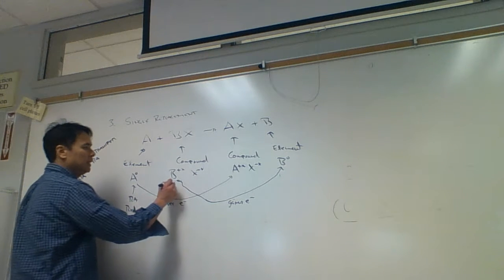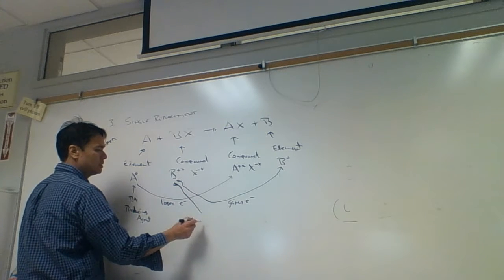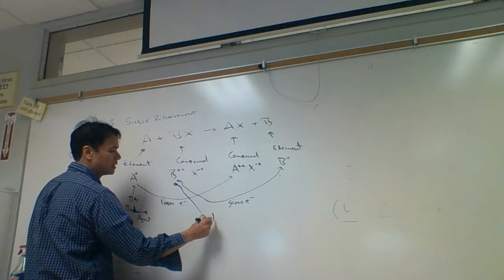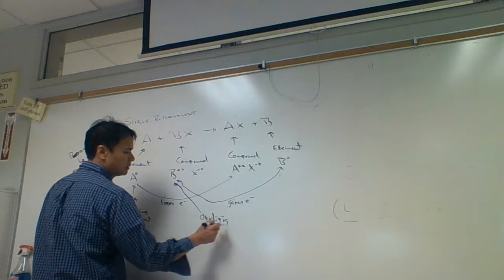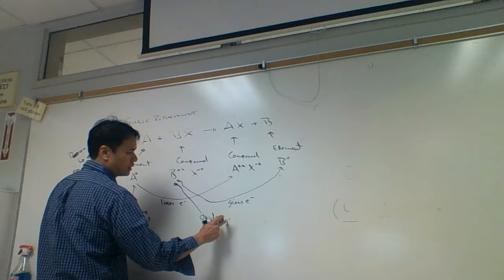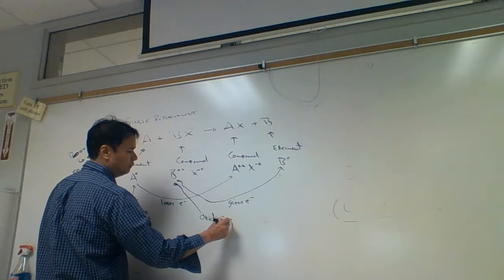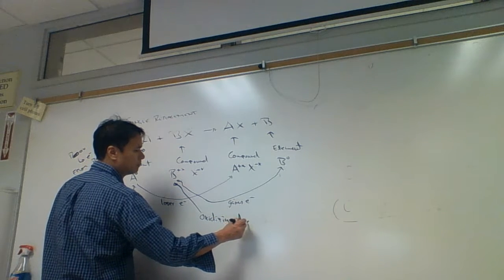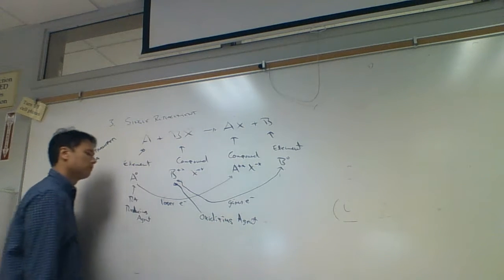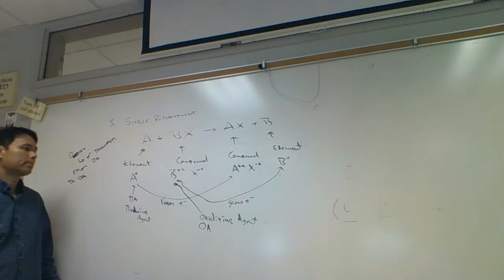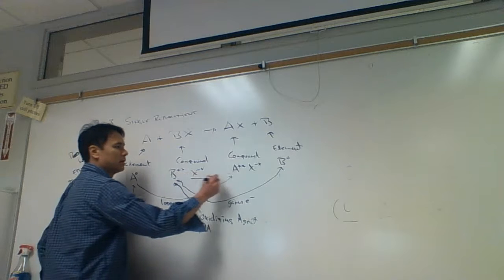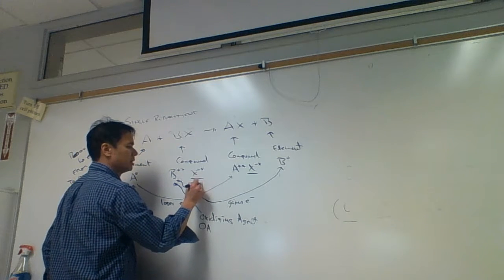And so B took electrons. Whatever species takes electrons is called the oxidizing agent. So oxidizing agents take electrons, reducing agents lose electrons. We'll call that an OA. X is a spectator.